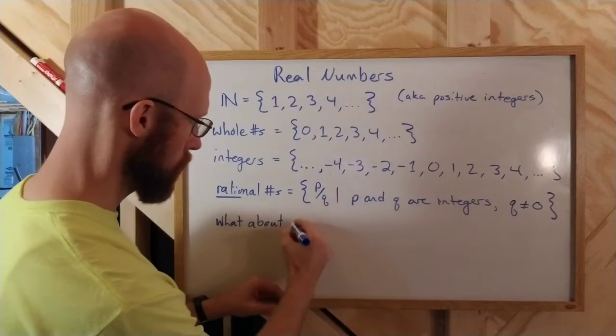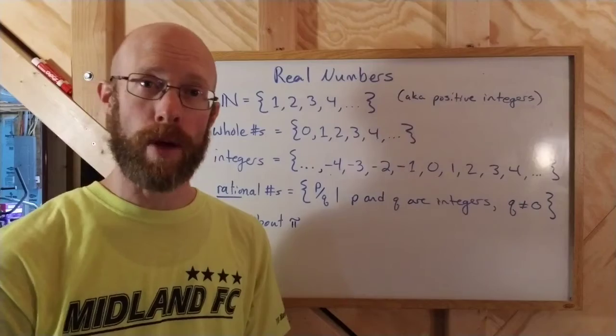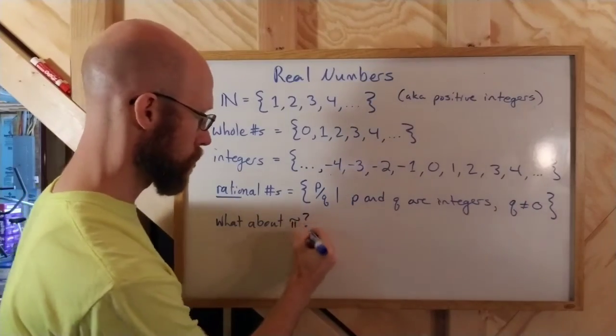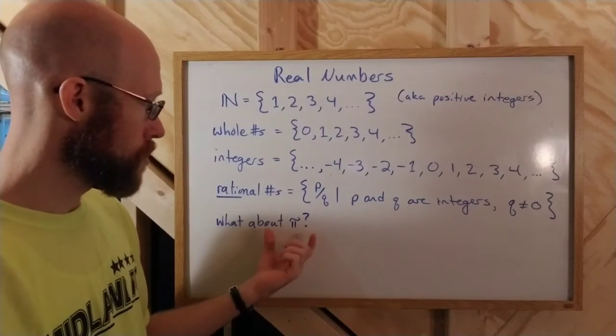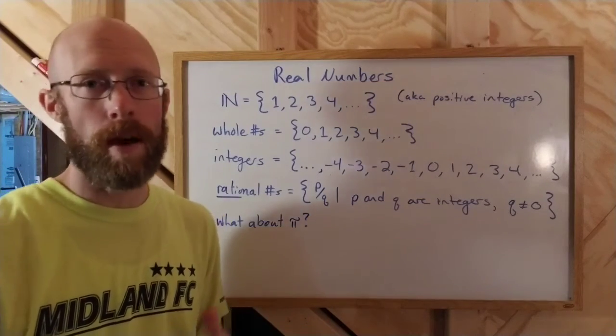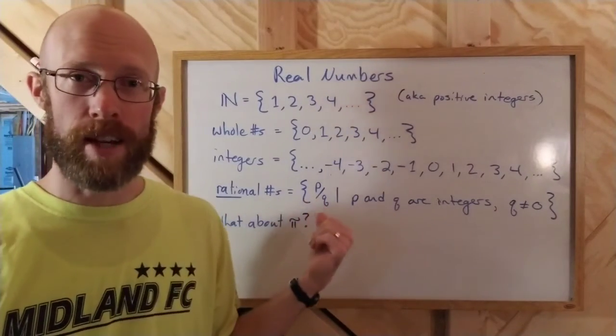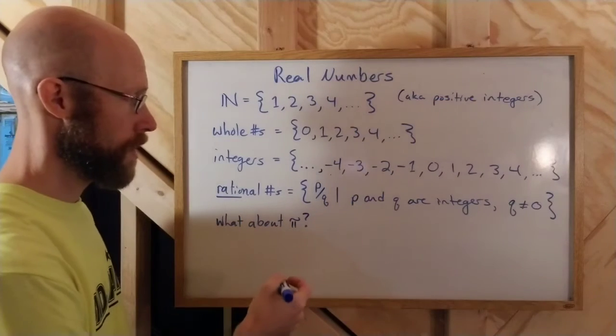Things like pi. You may have heard of pi before. It's what we call an irrational number. And there are many other irrational numbers. Irrational numbers, if I was to describe them, it's not very easy to describe. I mean, other than you can't write them as a fraction containing integers.